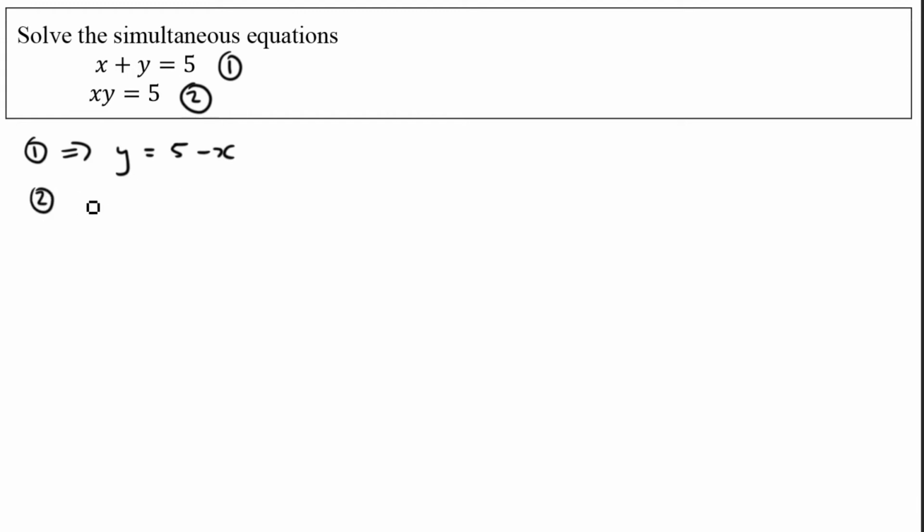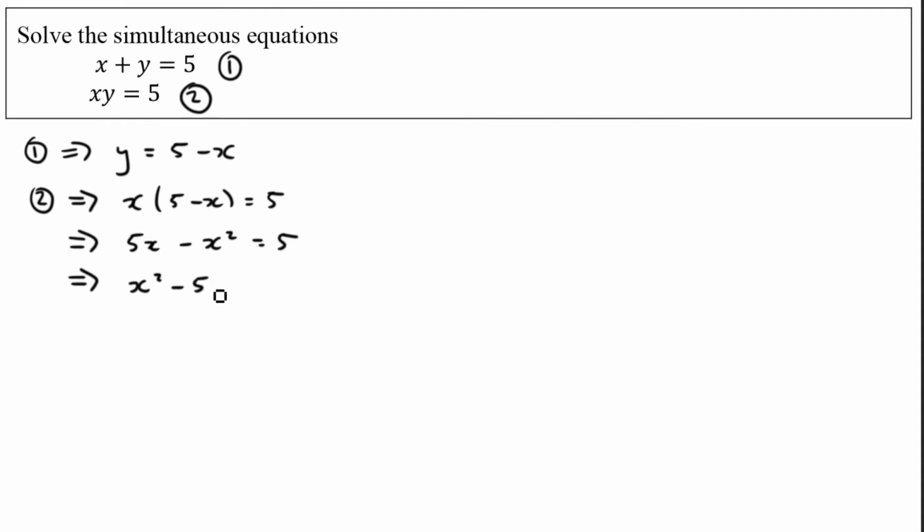If we substitute that into equation 2, we get that x times 5 subtract x is 5. Let's try and work on this. That gives us that 5x subtract x squared is 5. Rearranging that into a quadratic, putting it all on one side, we have x squared subtract 5x plus 5 is 0.